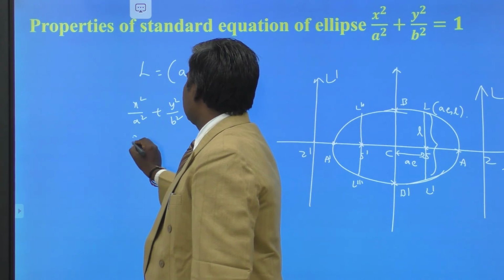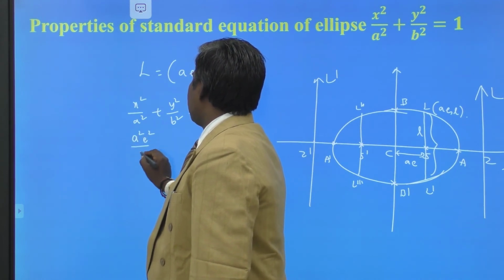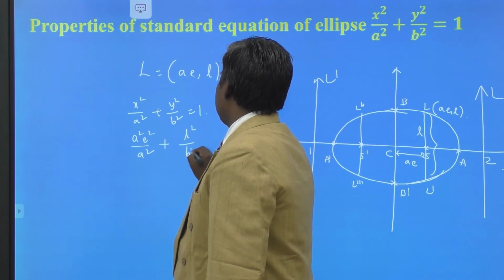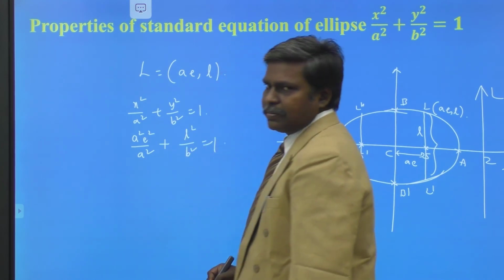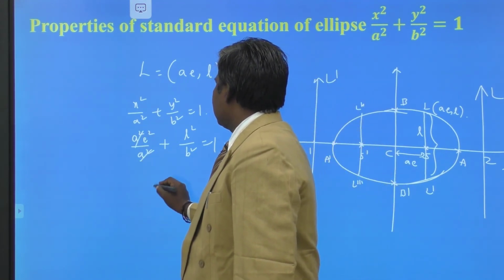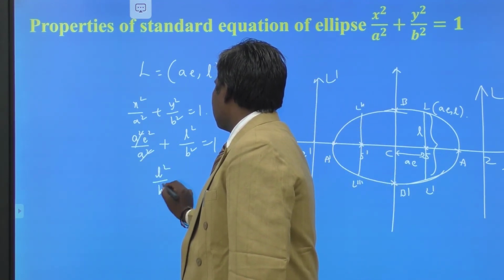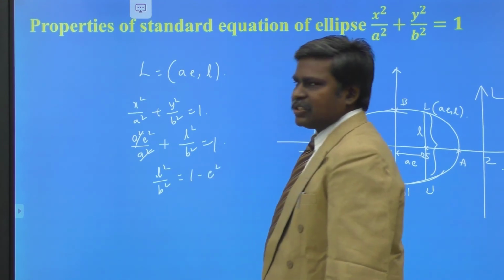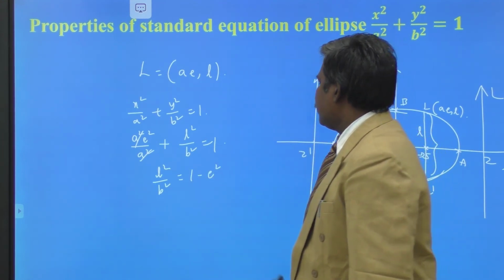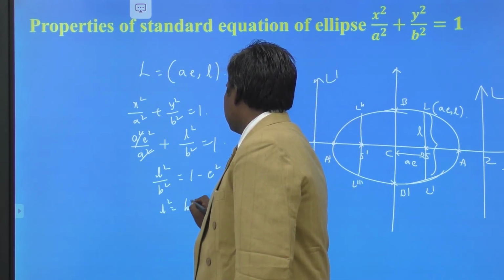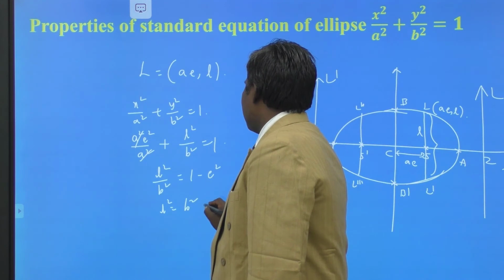Substitute your point: a square e square by a square plus l square by b square is equal to 1. Therefore, a square gets cancelled. l square by b square is equal to 1 minus e square. Therefore, l square is equal to b square into 1 minus e square.